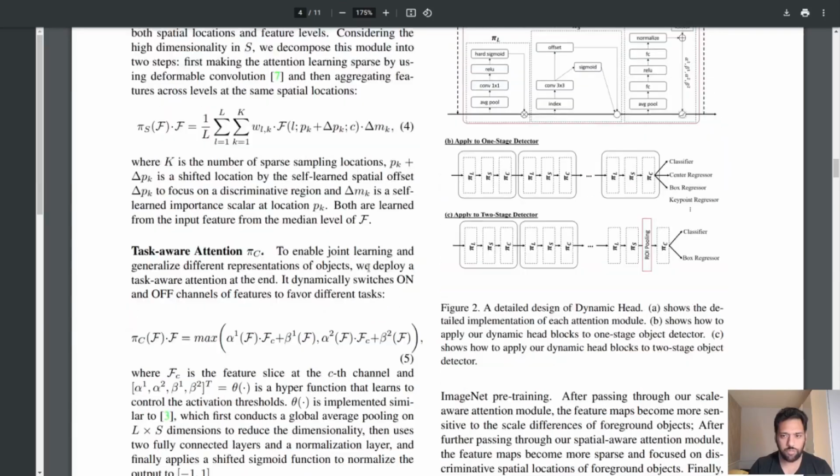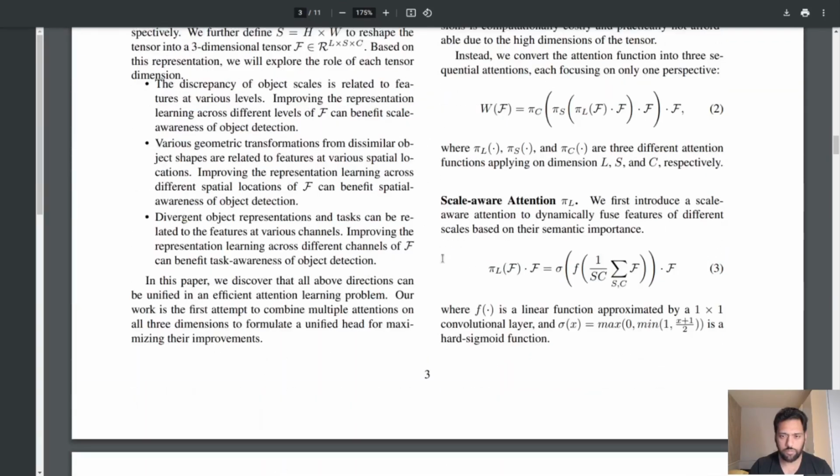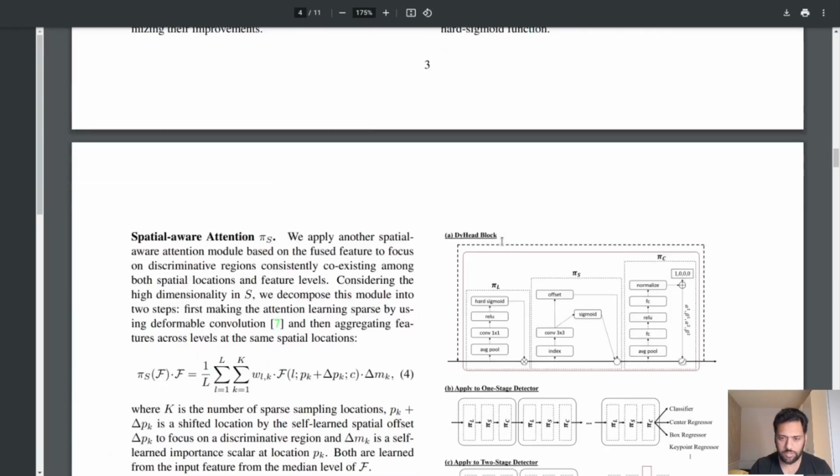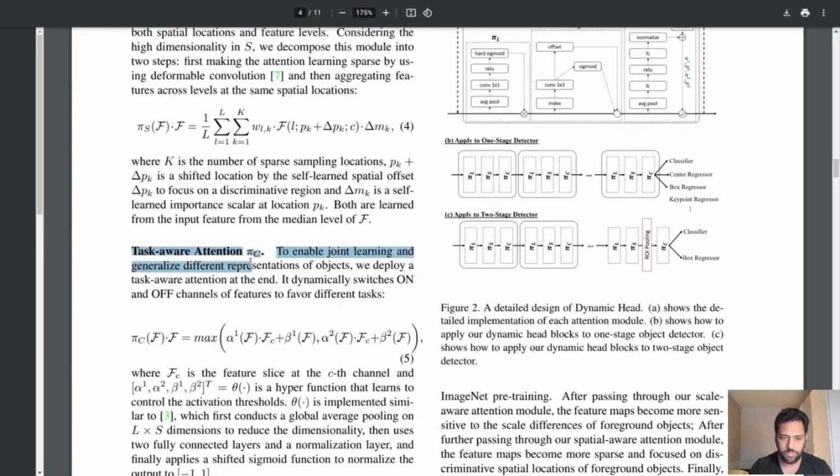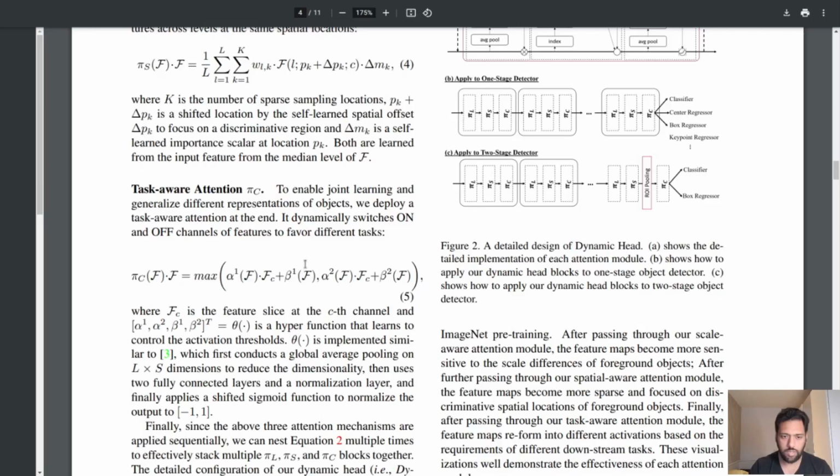And then finally we have the third kind of attention. After scale level attention and spatial aware attention, we have task aware attention. This will be across different channels. Essentially it dynamically switches on and off channels in favor of different tasks.